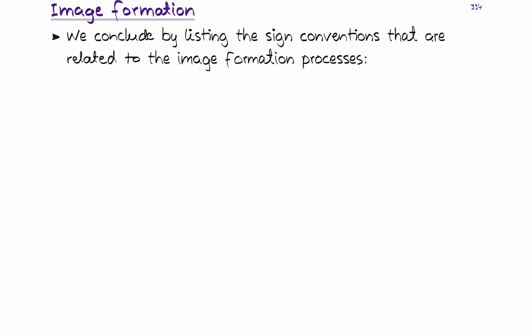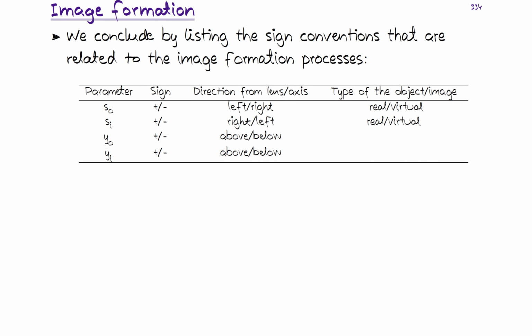And finally, I want to conclude that there are these sign conventions, and we should be very careful when trying to understand the image formation process. For example, if the distance SO of my object point from the principal plane of the lens is positive, then the object is on the left hand side of the lens, and if negative, on the right hand side.